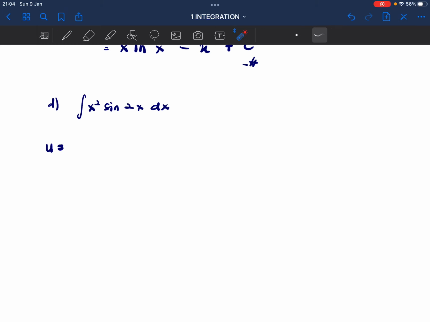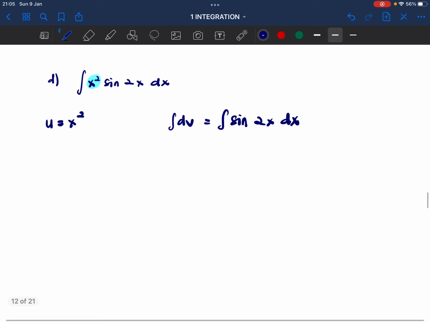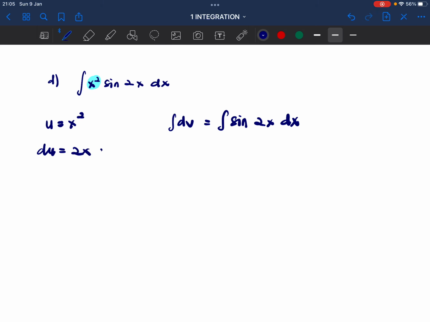So which one comes first, polynomial or trigo? Polynomial comes first, so u is equals to x square, and the rest of it, sine 2x dx, will be dv. On the left we differentiate, on the right we integrate, so du equals to 2x dx.